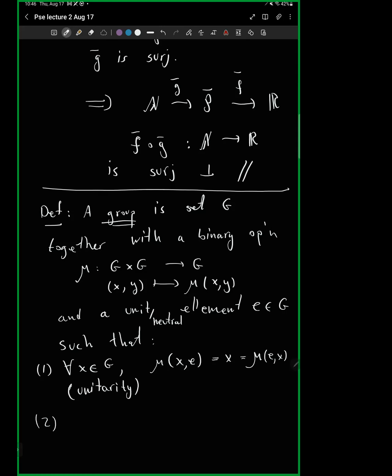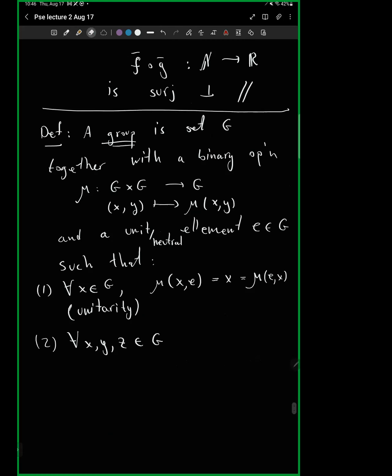And the second condition is that for any x, y, and z in G, mu of, I guess I need more space.